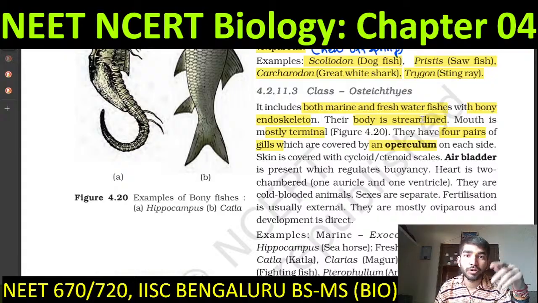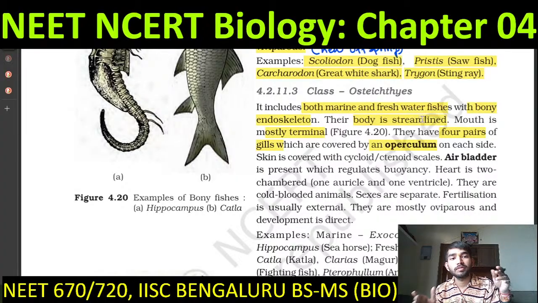So again, a point of differentiation from the Chondrichthyes, which don't have an operculum. Here, the Osteichthyes have an operculum to cover the gill slits. The skin is covered by cycloid or ctenoid scales. There it was placoid scales. Air bladder is present, which helps regulate buoyancy.